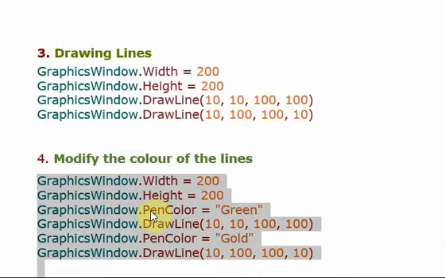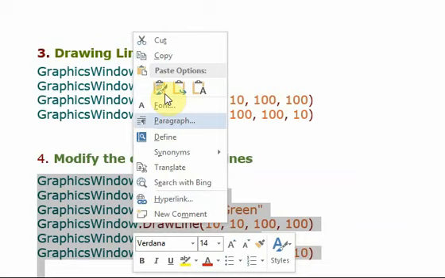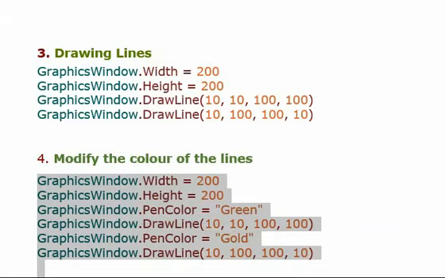Once you change the pen color, the line is drawn accordingly with this pen color. And here also the same. Now the pen is still green, but here we are changing it to gold, therefore this line will be drawn using gold color. We can see that practically.